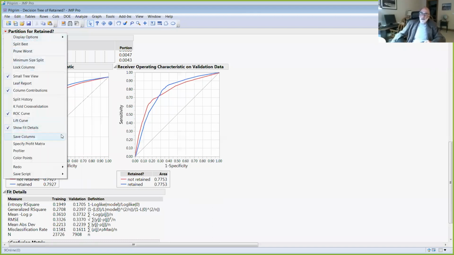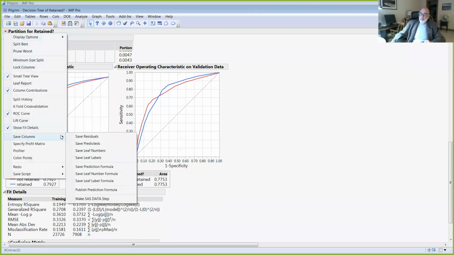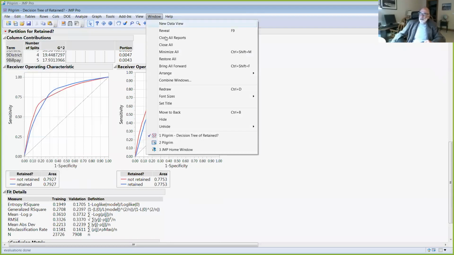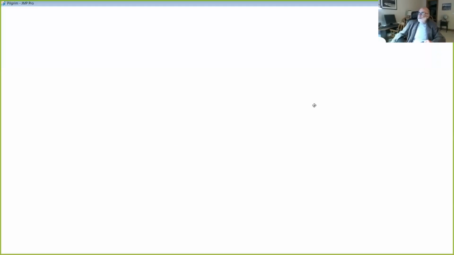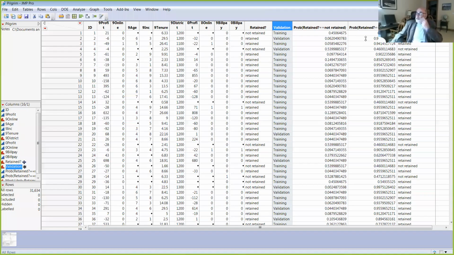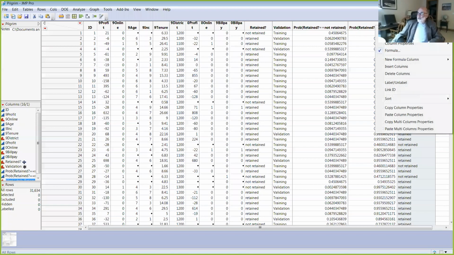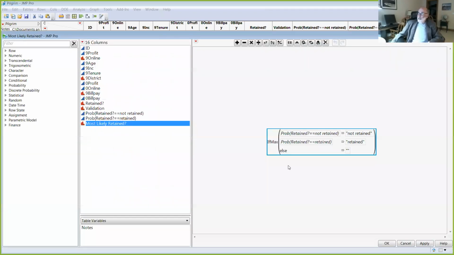If you go to Save Columns here, if you save the prediction formula, what you get in the data set now are 3 new columns. It shows the probability of each person not being retained, the probability they will be retained. And this most likely column is by a formula that automatically is using a 50% cutoff because it basically says which of these is greater.